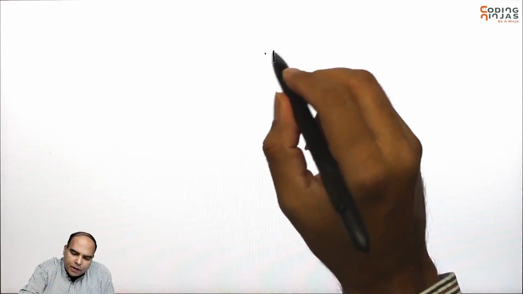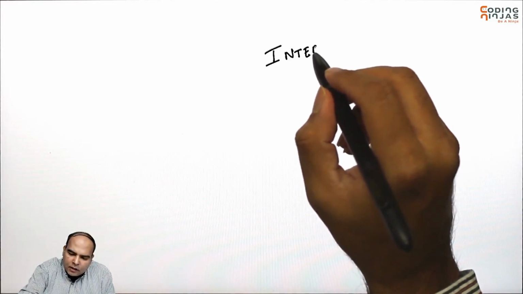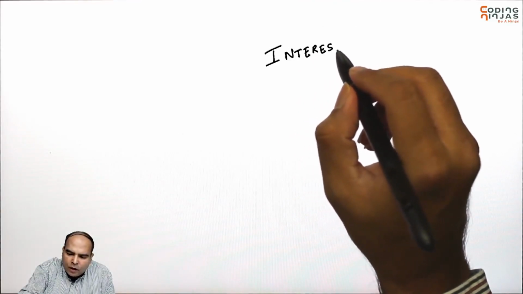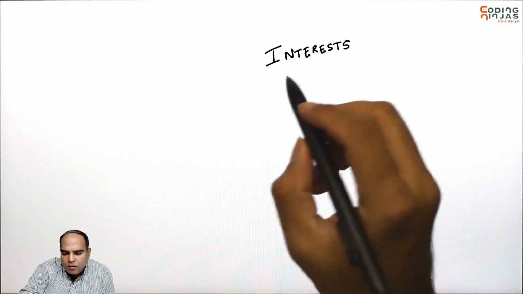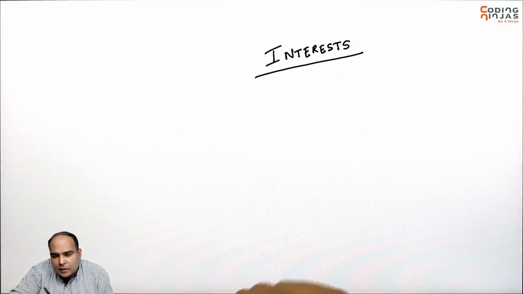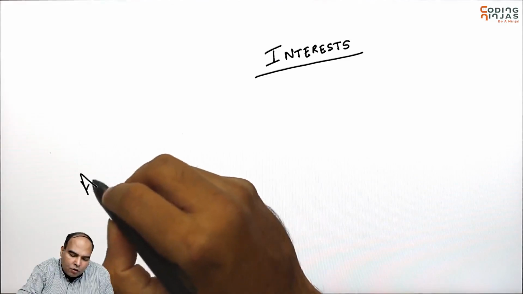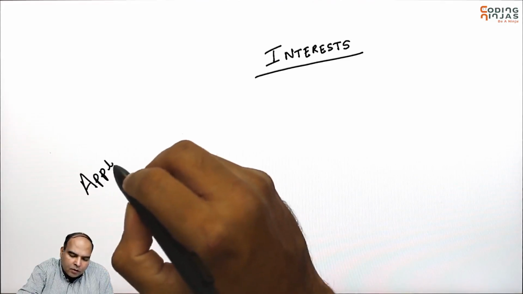The chapter we are taking today is the chapter of interests, and as you can see in what we have already done with respect to percentages, I basically believe that the chapter of interest is nothing but an application of the percentage chapter.